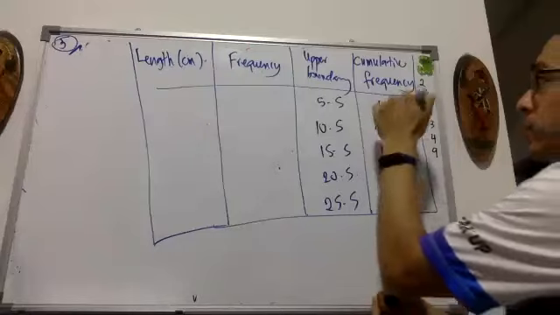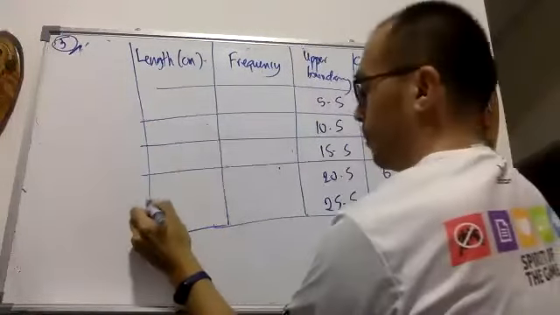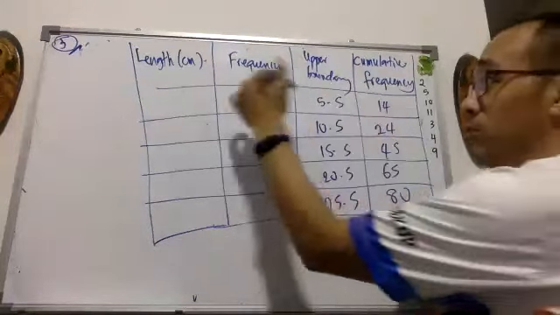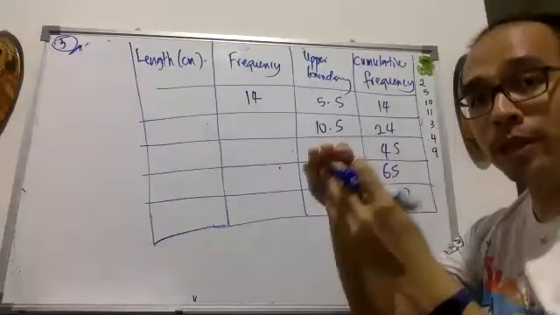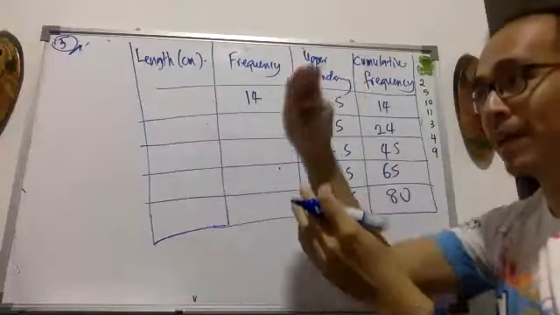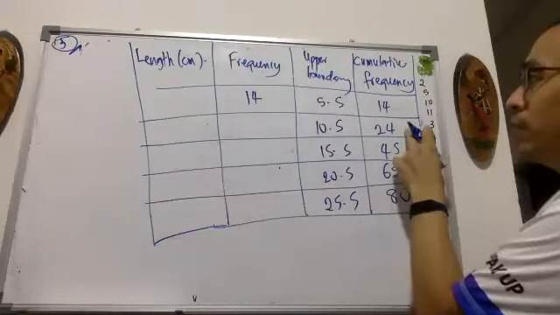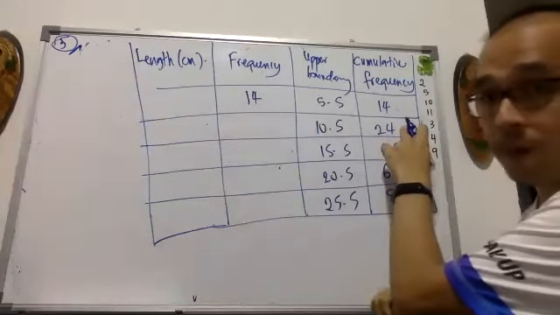Okay, so remember, let's do cumulative frequency first. If the cumulative frequency is 14, the first one, which means 14 must be the first one. Okay, remember, cumulative frequency is kekerapan longgokan. We plus the one before. Okay, so if the next cumulative frequency is 24, how many steps from 14 to 24? 10.